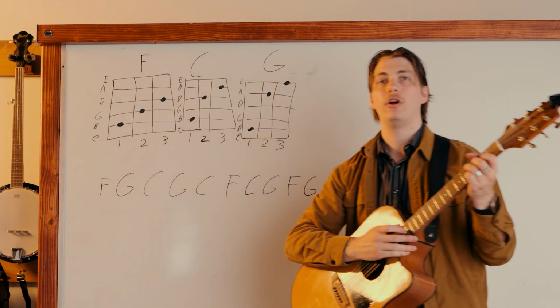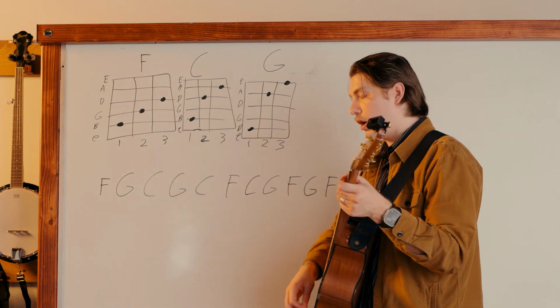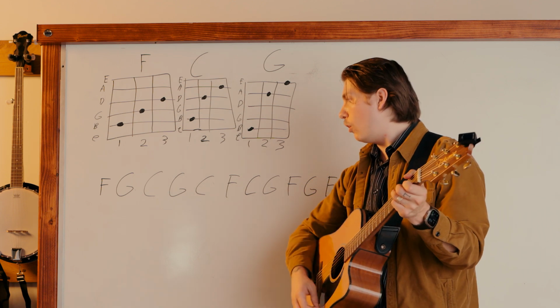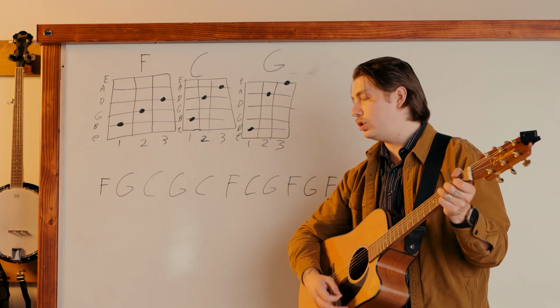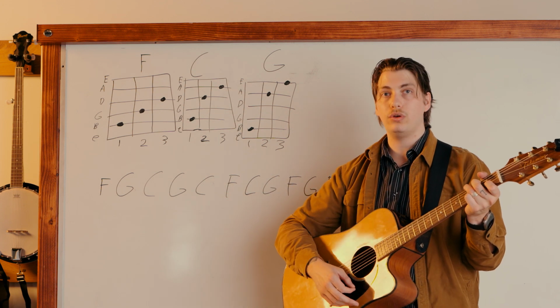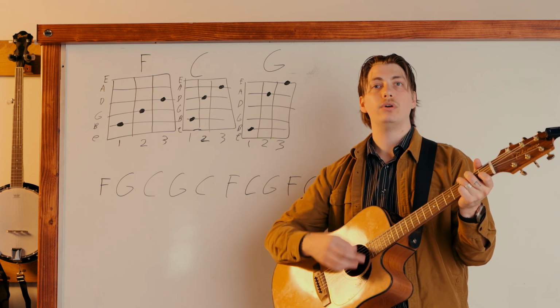We're going to start with an F. We're going to go 1, 2, 3. Here we go. Ready? F, 2, 3, 4. Hold it. 1, 2, 3. Then we go to a G. 2, 3, 4. Hold it. 1, 2, 3.